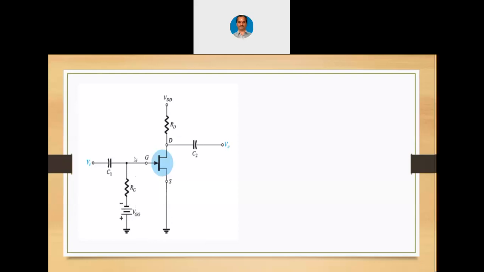Whenever AC and DC are together, it is always DC which is going to be powerful. Why? Because DC is constant, AC is varying. Any variation in AC and DC together is not going to cause any variation at all, because DC is going to be stable. For example, visualize the ocean as DC voltage and visualize the river waters as AC.